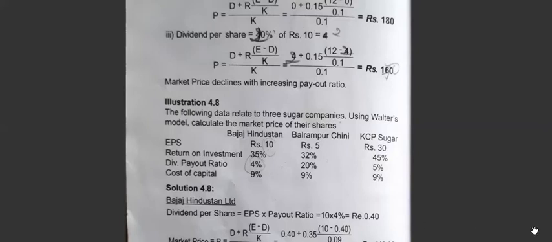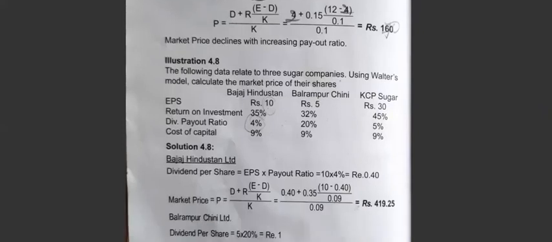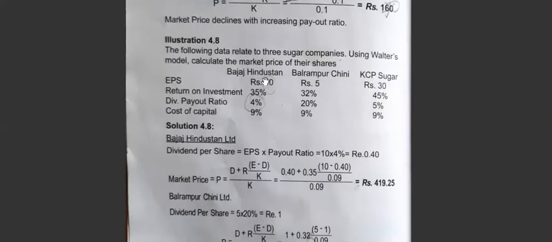See here another problem, 4.8. Here also EPS is given. You have to take first the company Bajaj, and what is the payout? 4% on EPS. So 10 into 4%, you will get 0.40. Then use the formula and calculate the market price.